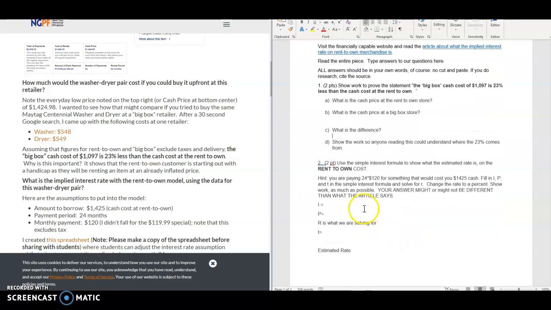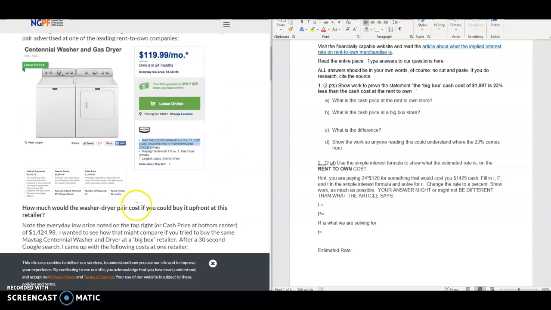When you come down here, remember I told you that a certain amount in this box is interest. The principal is the original amount, the cash price. The interest is the amount that you end up paying over that cash price.